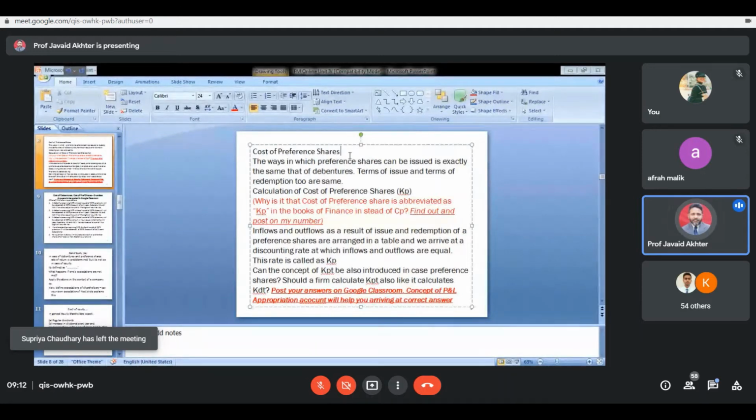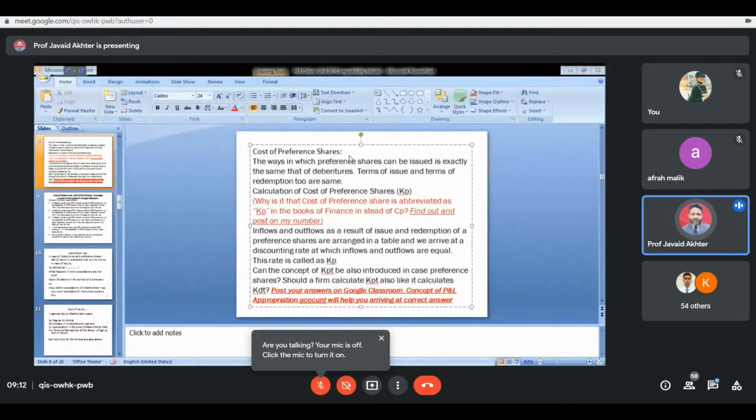Preference shareholders are not owners. They are only lenders to the company. When somebody is a lender, the lender is not concerned with profit or loss. The rate agreed by the company is fixed, 8%, 9%, 3%, whatever. Second thing is that the money which is paid to them is not called interest, although it is fixed in nature.